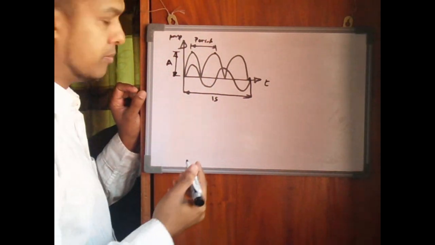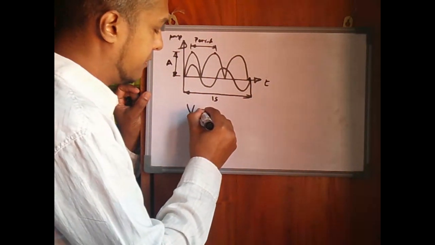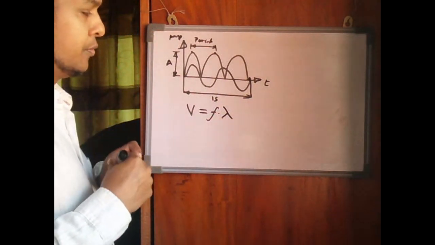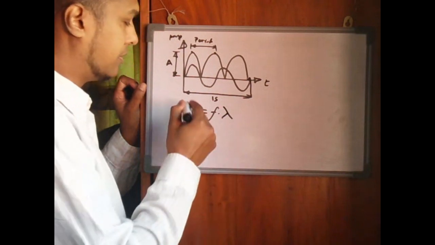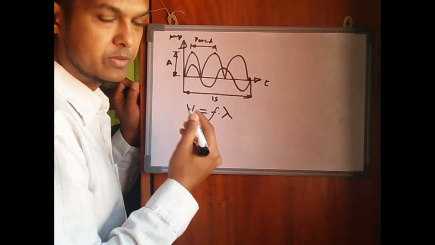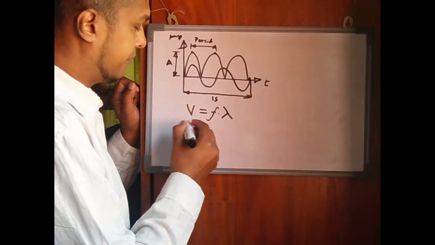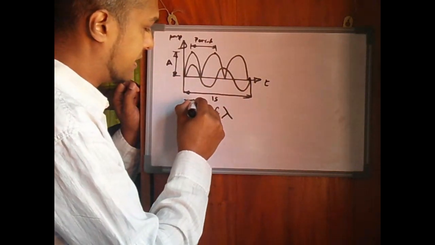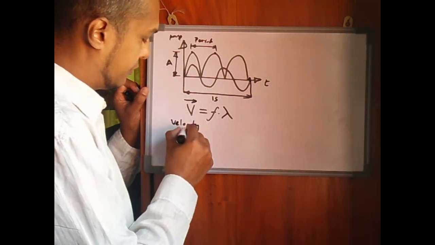If you put a normal equation that applies in science, that equation would be velocity equals f lambda. Basically the velocity is the speed of the wave that travels on a certain path. But it has a direction. In this case, this is the velocity of the wave.